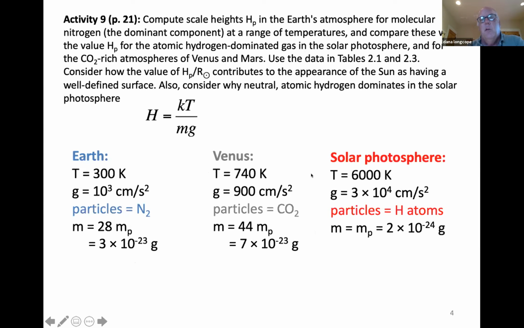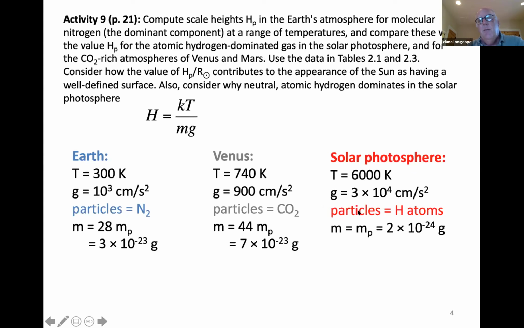Sorry, I didn't do Mars over here. But here's an interesting version: the Sun, because the same thing happens here, but of course it's much hotter, 6,000 Kelvin. g is a bit higher, but the mass is really just hydrogen atoms.